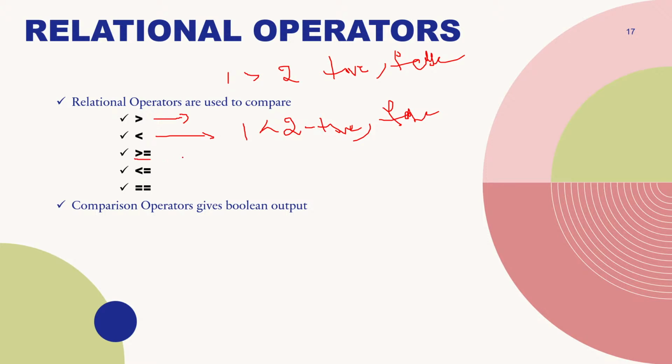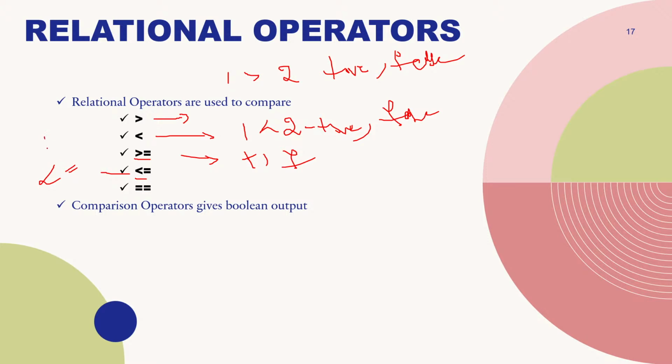Like this, greater than or equal to. It should be greater than or it might be equal. Either greater than or equal, it will return true. If it is not greater than or not equal, it will return false. If it is less than equal to, it might be less than or equal to.